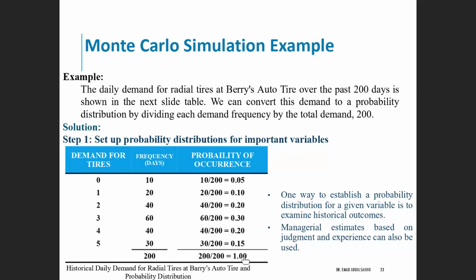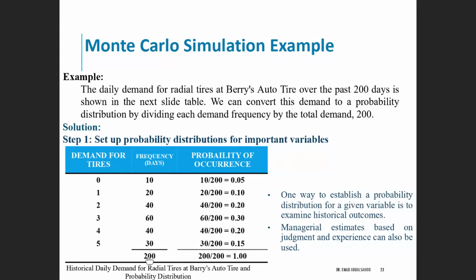If you add all these up, you will get 1, which is the total probability of the demands you have based on the data that you previously measured. So this is the first step. You set up the probability distribution for the variables. What is the variable I have? The demand for tires. Okay, this is the variable. For the probability distribution, you have to calculate the probability of occurrence. In this case, the data is listed here and given, so you have to calculate this column as the first step.